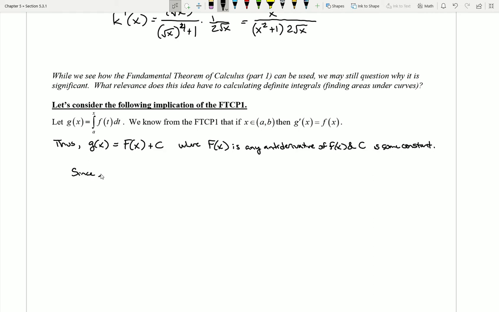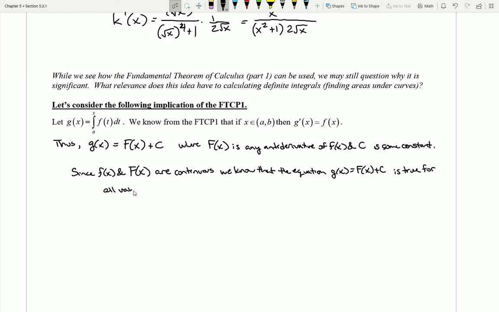I can say that since little f of x and capital F of x are going to end up continuous, we know that the equation g of x equals capital F of x plus c is true for all values of x in the interval from a to b.